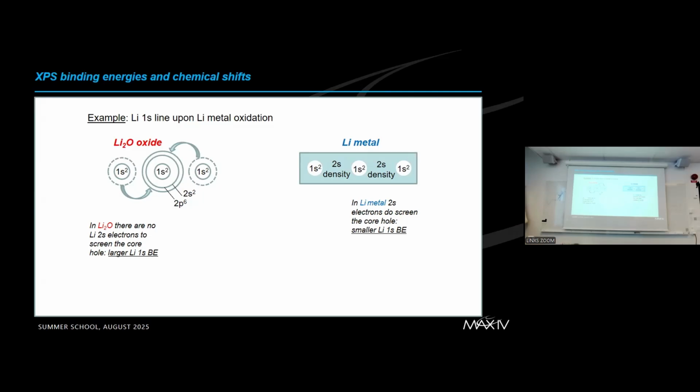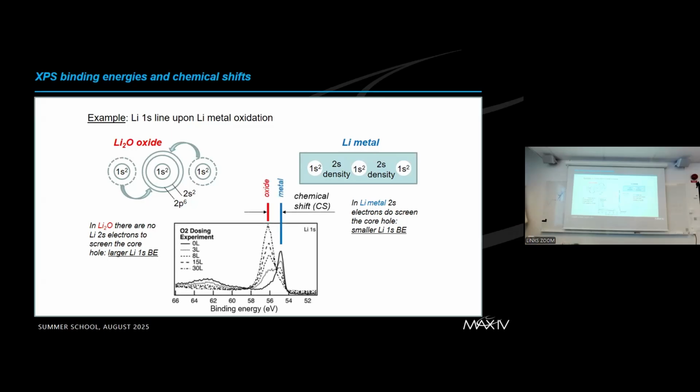And in case of lithium oxide, the 2s electrons on lithium are no longer available for screening because they're gone to the oxygen atom, trying to fill the shell of the oxygen atom. And that's why we have larger binding energy for the lithium oxide. So this is resulting in this chemical shift.